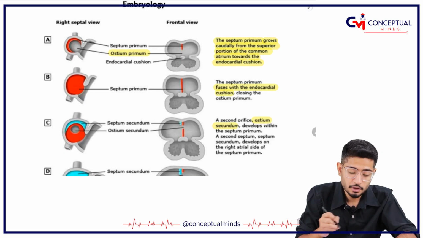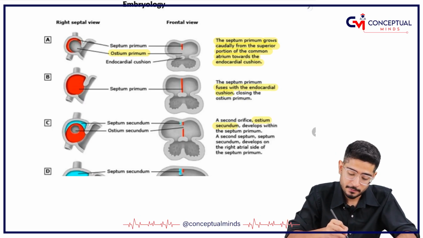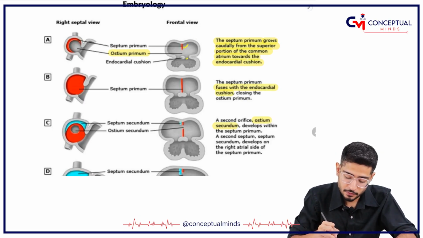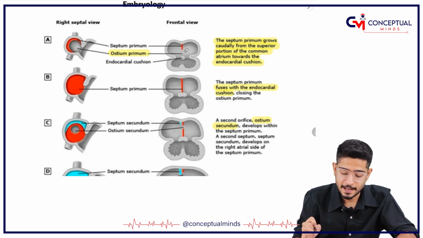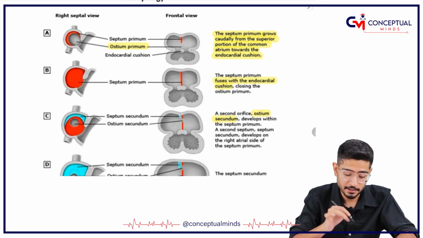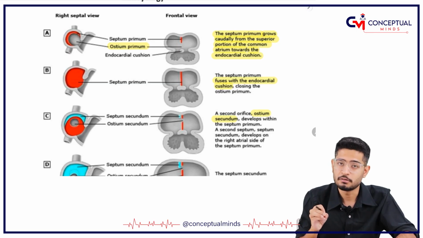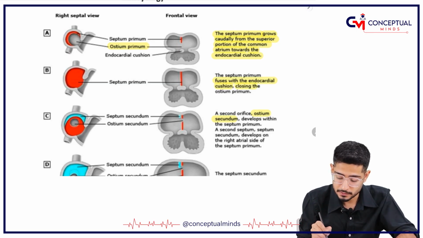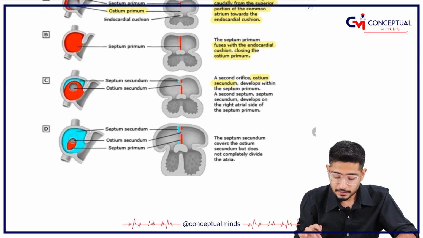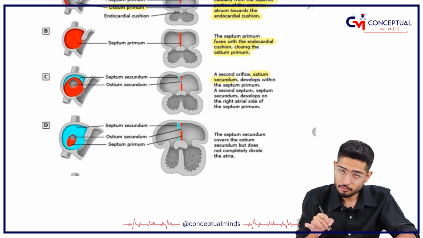Any gap, any space, any hole is called an ostium, right? So the septum primum fuses with the endocardial cushion and closes this gap, which is nothing but the ostium primum.